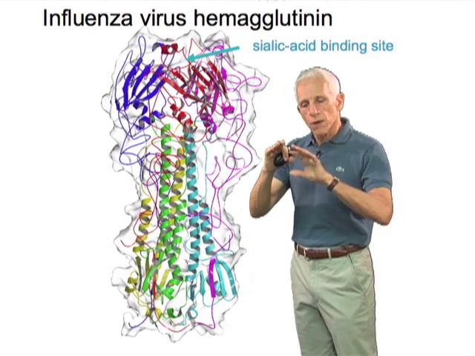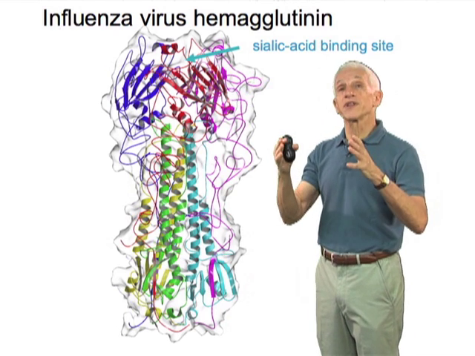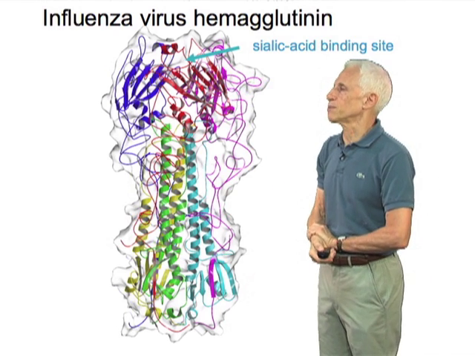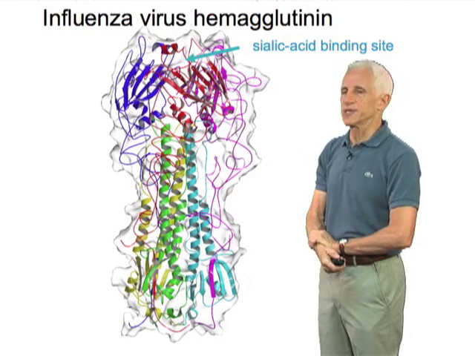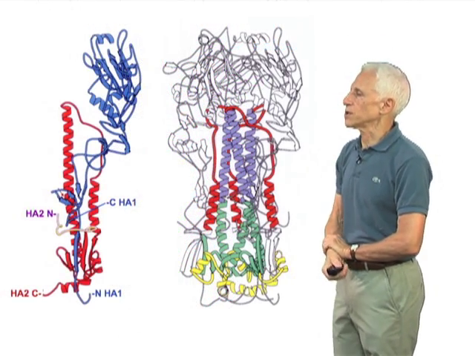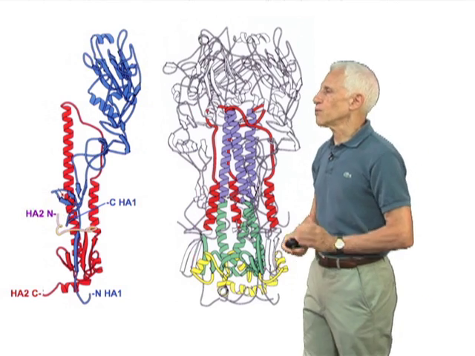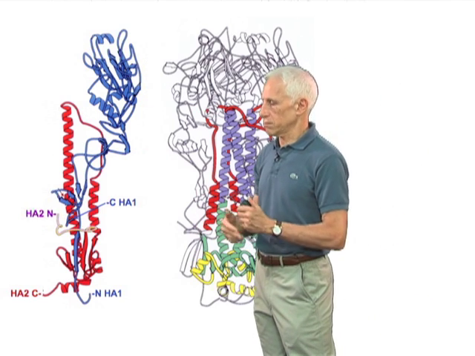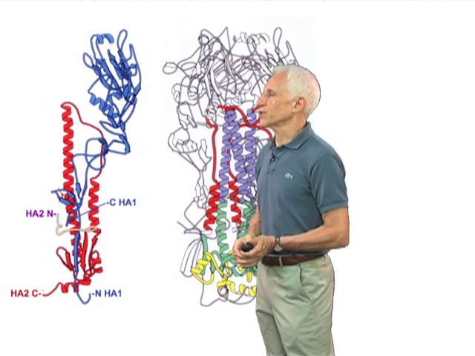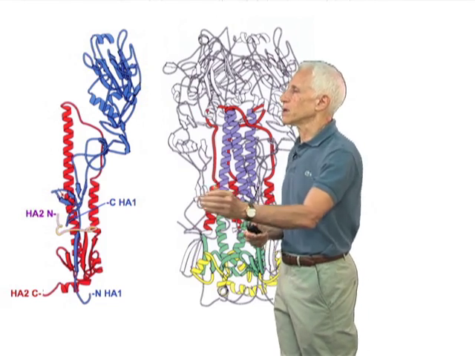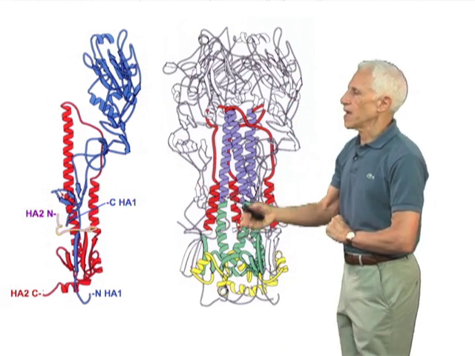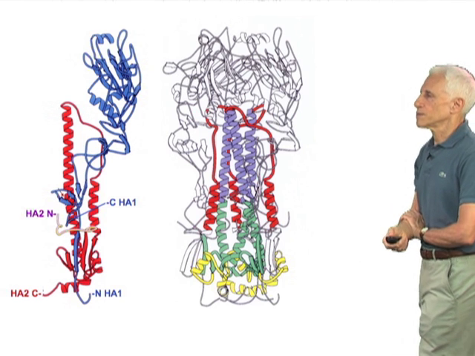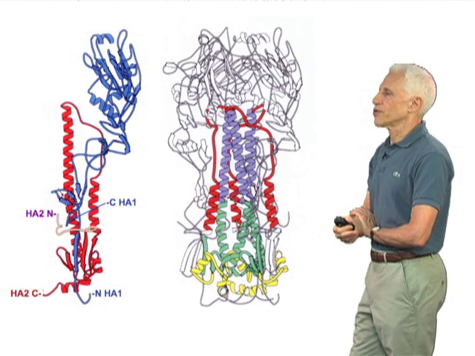It's the one very conserved feature of an otherwise antigenically variable surface that the molecule presents to the outside world. Here's a slightly more readable representation both of the monomer on the left and of the trimeric spike-like hemagglutinin on the right.